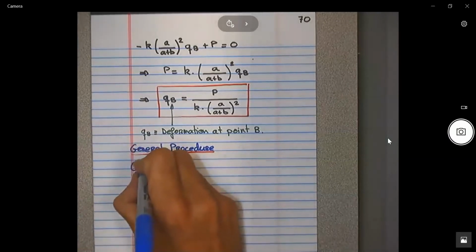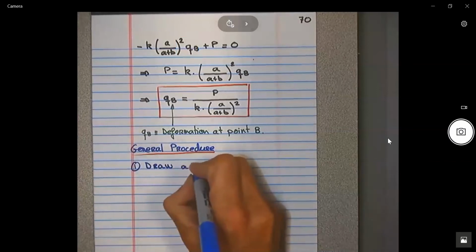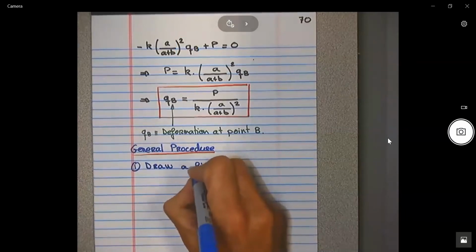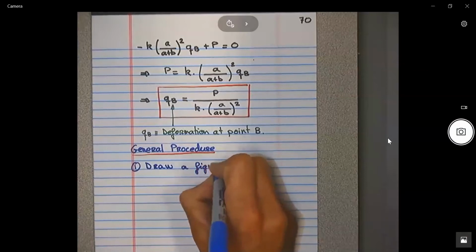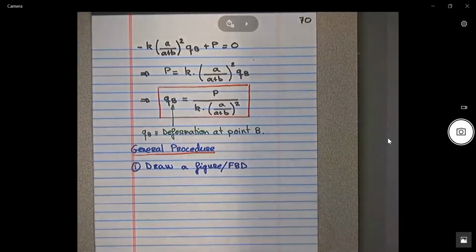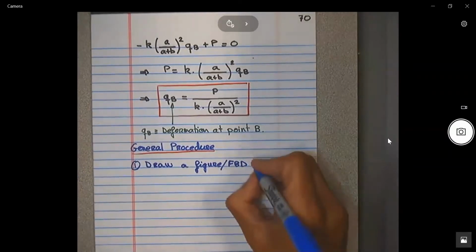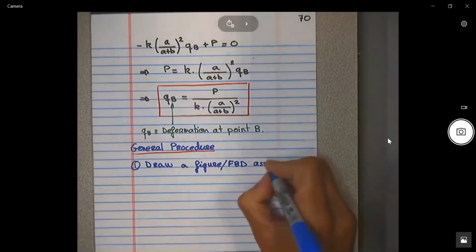To draw a figure slash free body diagram. Okay? That was the first step. Draw a figure, free body diagram, assuming or showing.